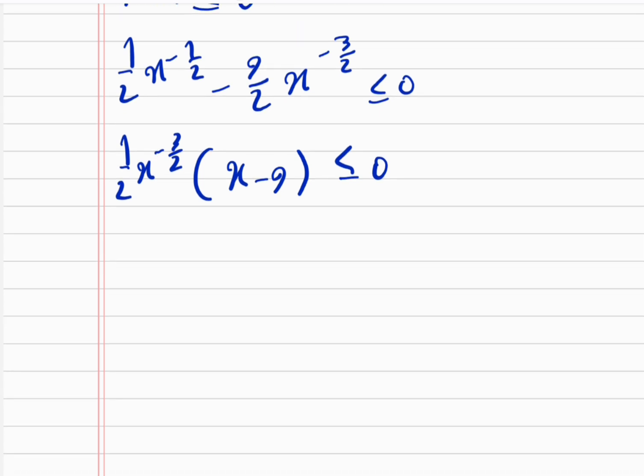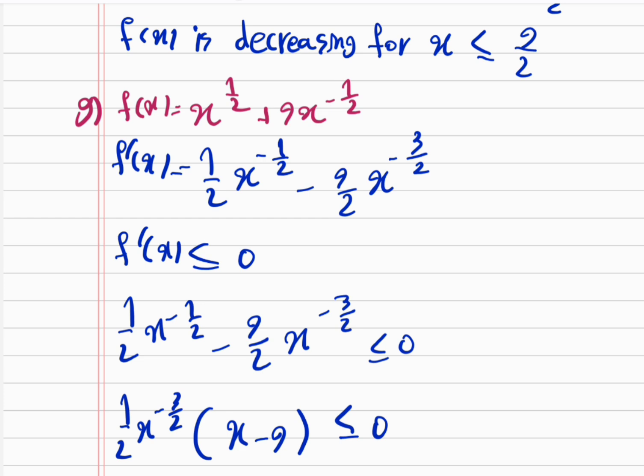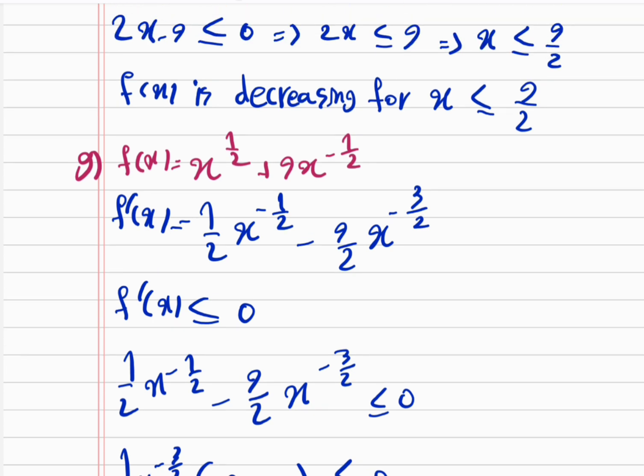But here is a very important step, because when we want to solve the inequality, we should be aware of the restrictions. If you look at the function at the beginning, we have x to the power of a half, and then 9x to the power of minus a half. Let me rewrite this, because this function can be written as the square root of x plus 9 over the square root of x.